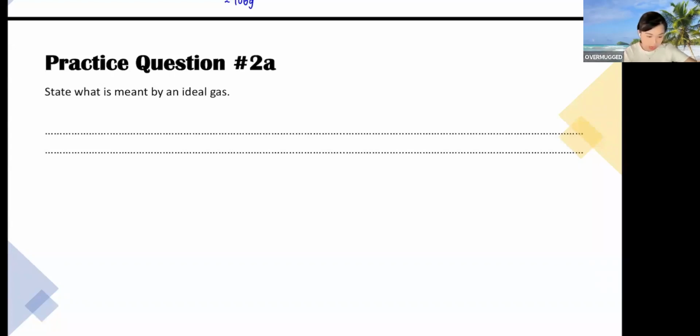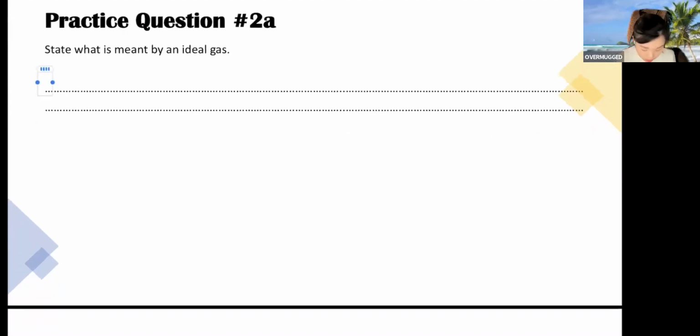In this case, the ideal gas equation is PV equals nRT. You don't have to mention that, but you have to at least say that an ideal gas obeys the ideal gas equation and a few other conditions as well.